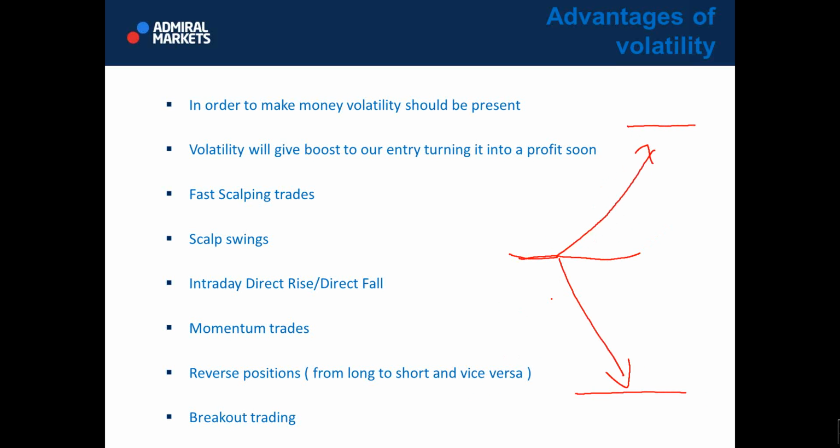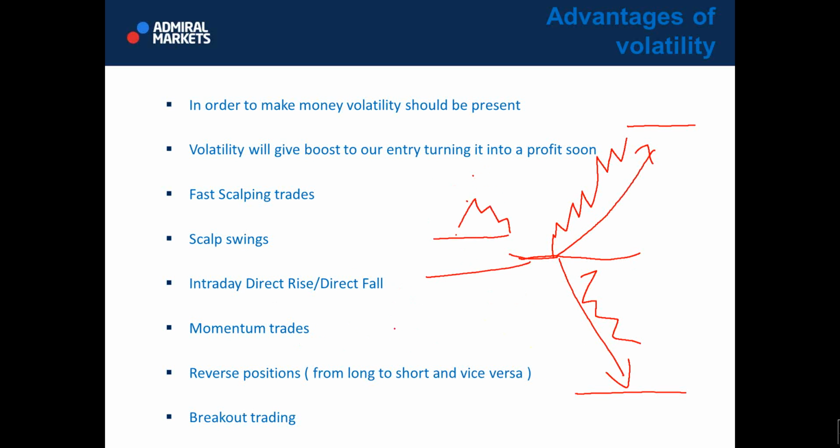So direct rise and direct fall do not follow trend zigzag pattern. Direct rises and falls are usually done with high momentum when the price reaches one level of resistance or two levels of resistance without making any retracement in between.